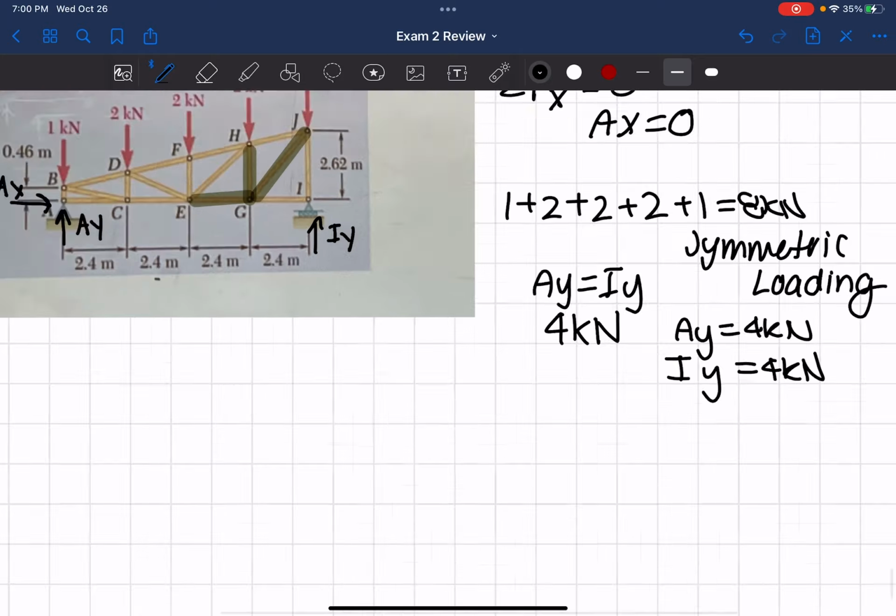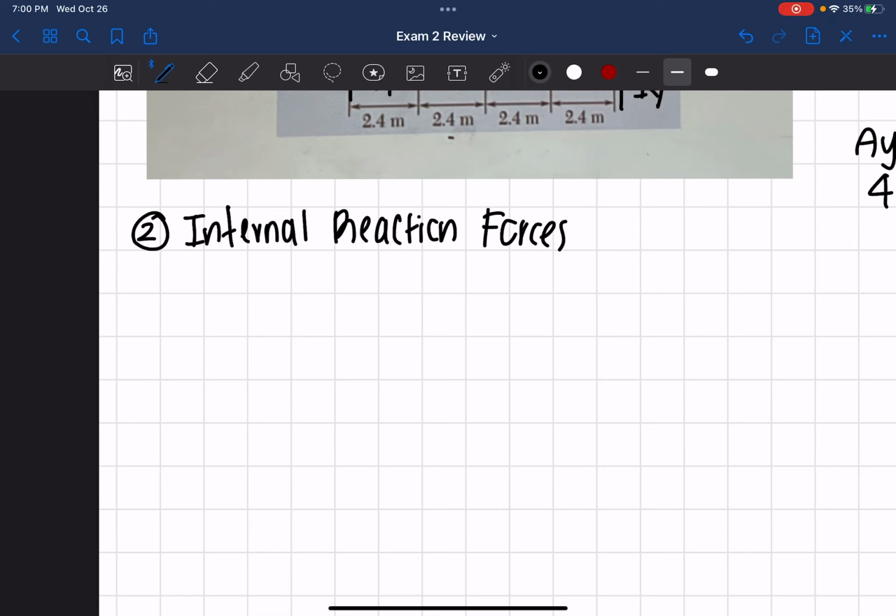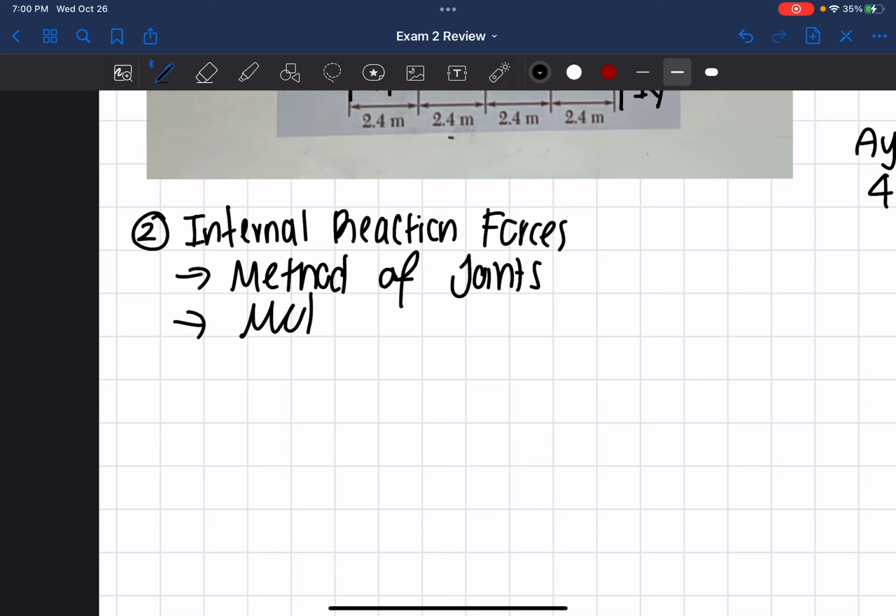Great. Now we can move on to identifying our internal reaction forces. This is done either by method of joints or method of sections.